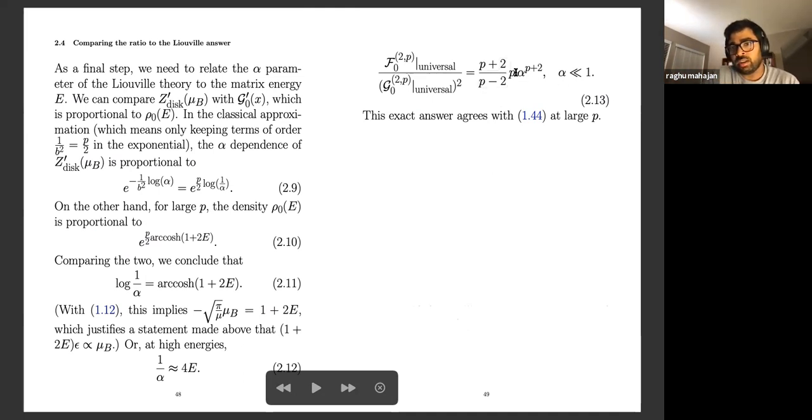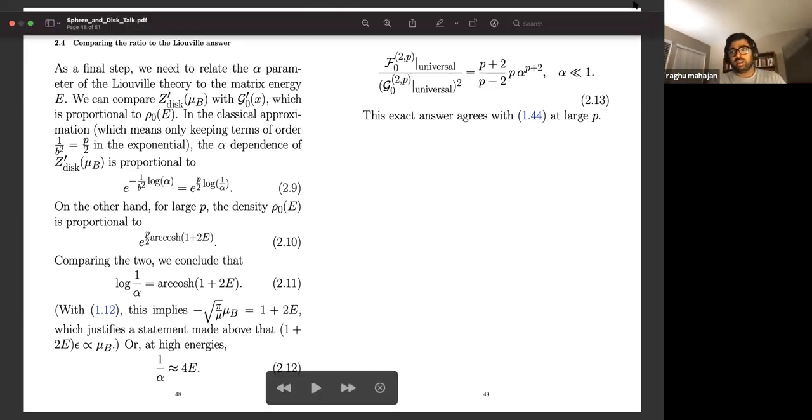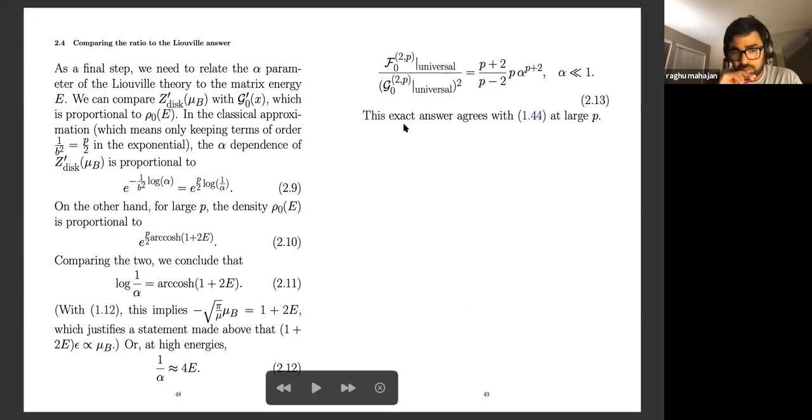You see that in the large P limit this front factor drops out, and you just get 1 times P times that same alpha to the P plus 2. That's all I wanted to say, and let's just discuss.